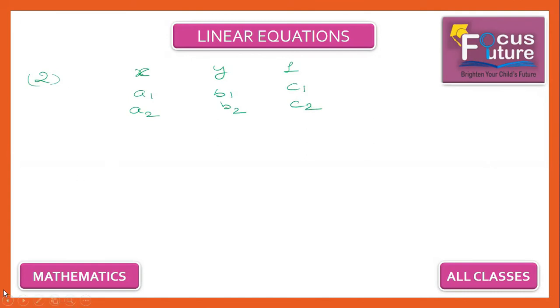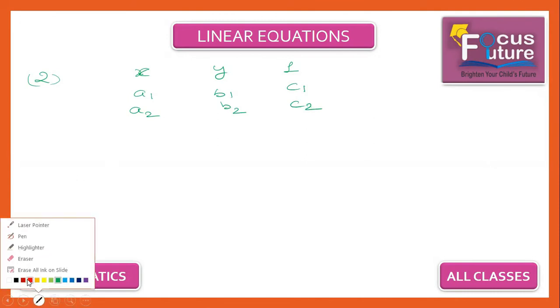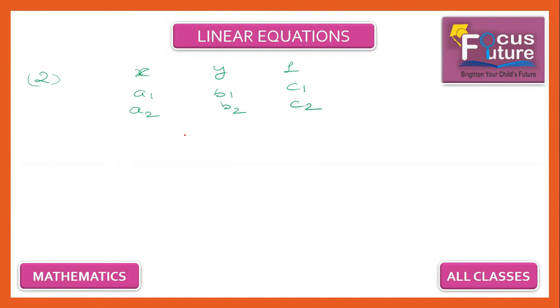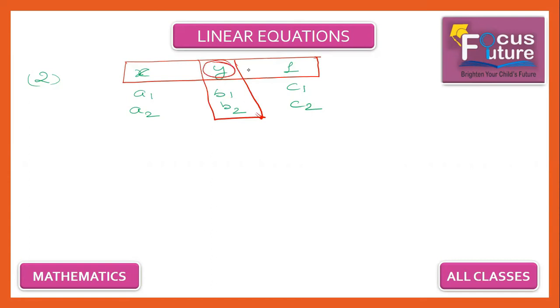I'm changing the marker to write the value of y. For y, you would leave this row and this column, wherever this is coinciding.